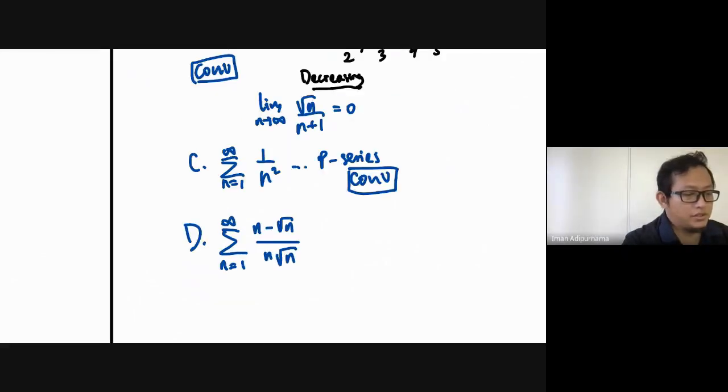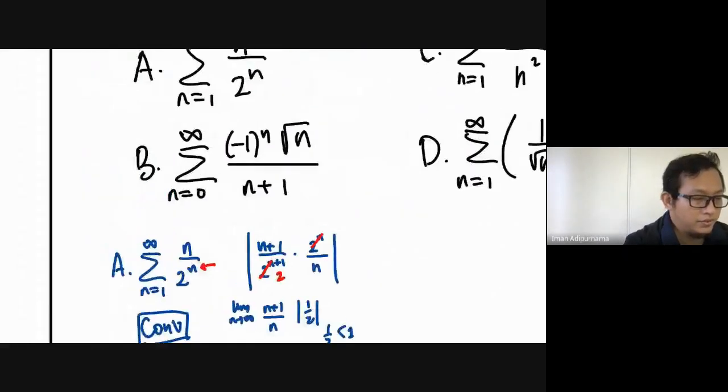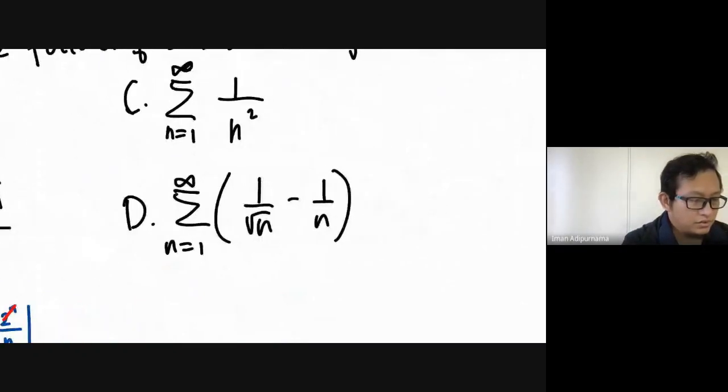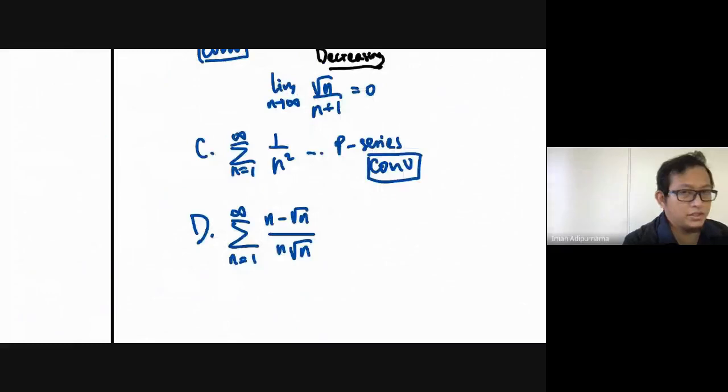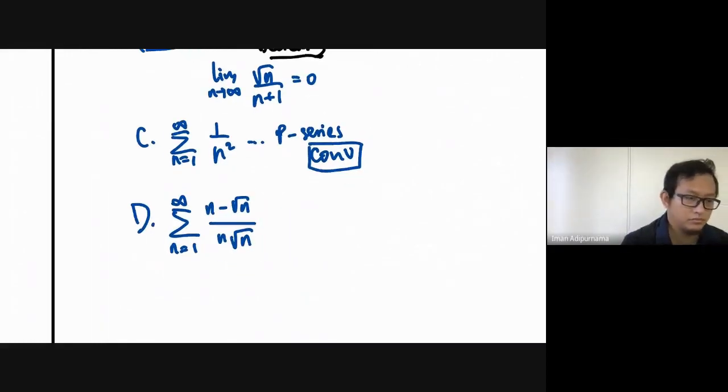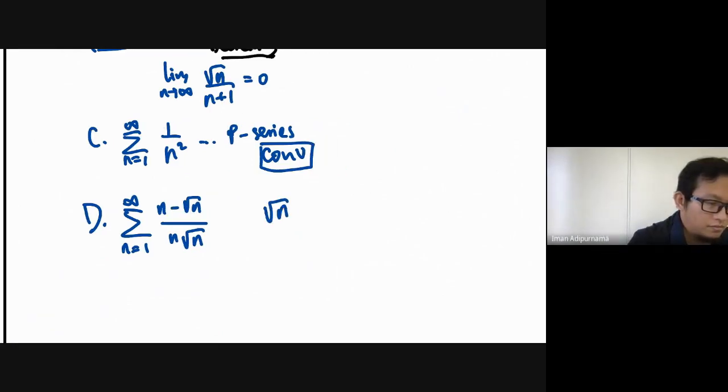So we can write these terms instead of this. So we rearrange the form. We get this. And then we arrange also, it becomes like this.